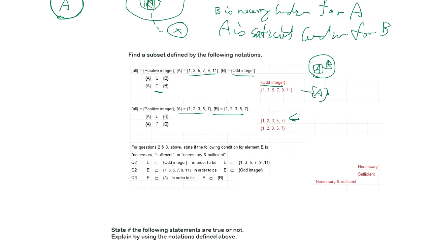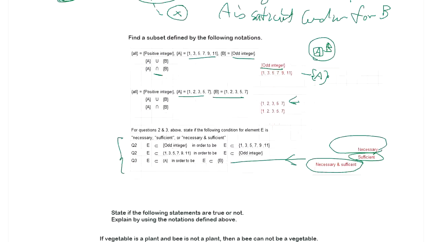For questions 2 and 3 above, state if the following conditions hold: the necessary condition, the sufficient condition, and the necessary and sufficient condition. Okay. State if the following statements are true or not.